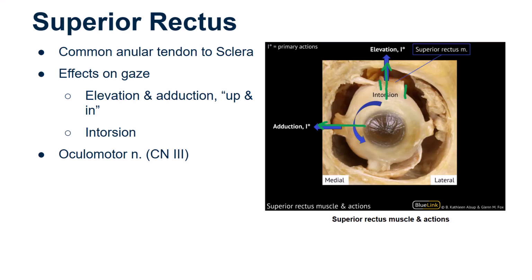So up and in. And its secondary action is that of intorsion, so moving the superior pole medially. Note both superior oblique and superior rectus muscles are going to have intorsion among their effects on gaze. Superior rectus, like many of the other extraocular muscles, is innervated by the oculomotor nerve, cranial nerve 3.